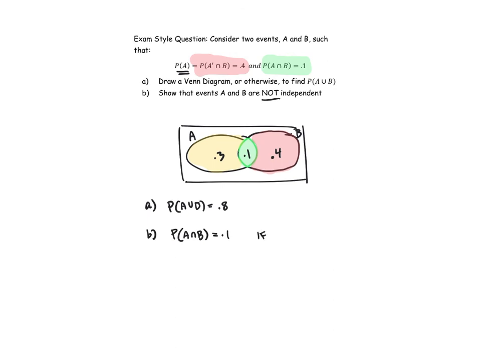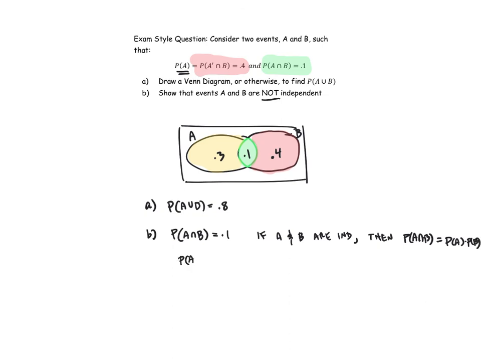Now if A and B are independent, then the probability of A and B should be equal to the probability of A times the probability of B. Let's show that that's not true.